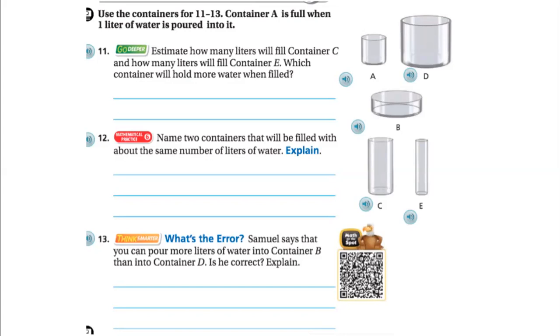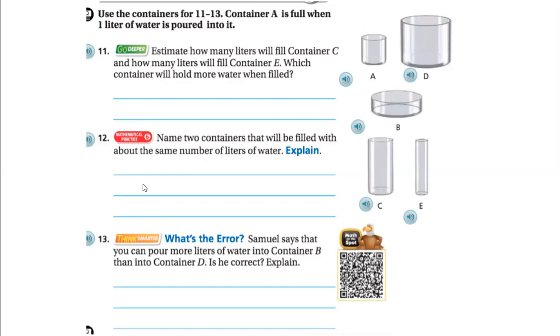So container C would be about 2 liters of water to fill it. Now, for container E, I can tell that it is small and very slim and slender, so it's not going to hold much water. With this one, possibly I will have only about 1 liter in container E. So, which container will hold more water when filled? That would be container C for number 11. Container C will hold more water when filled.